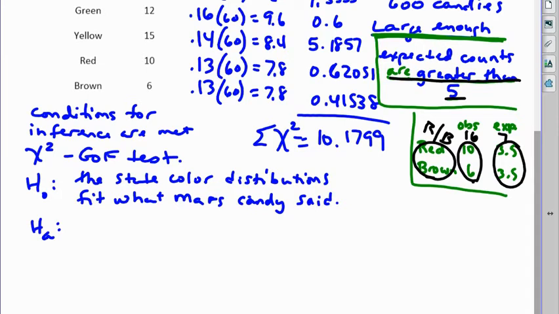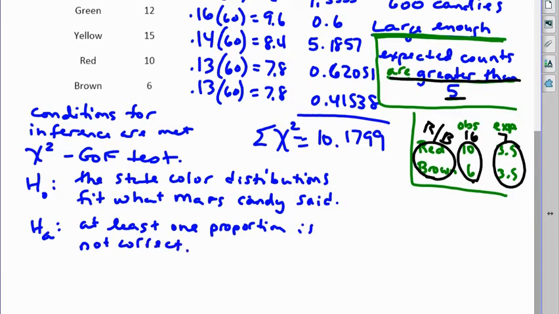And then my alternative will be at least one proportion is not correct. And then you can see the wording on the other pages that were probably a little better. But my degrees of freedom, I'm not going to use 60 because it's supposed to be the number of categories, not the number of candies, the number of categories. So 6, because there were 6 colors. This one is 5.